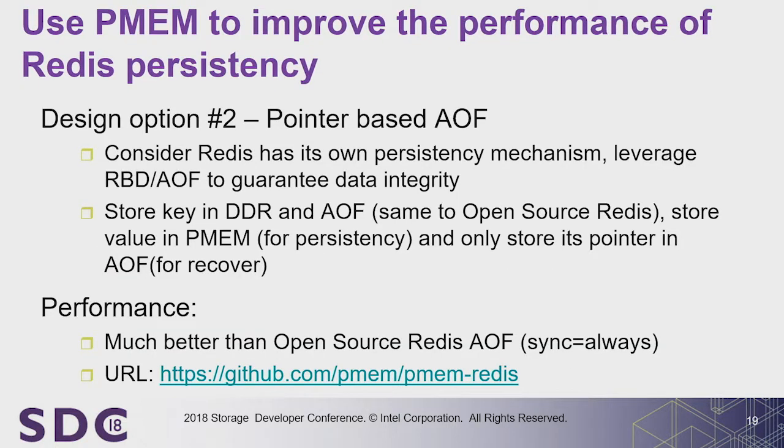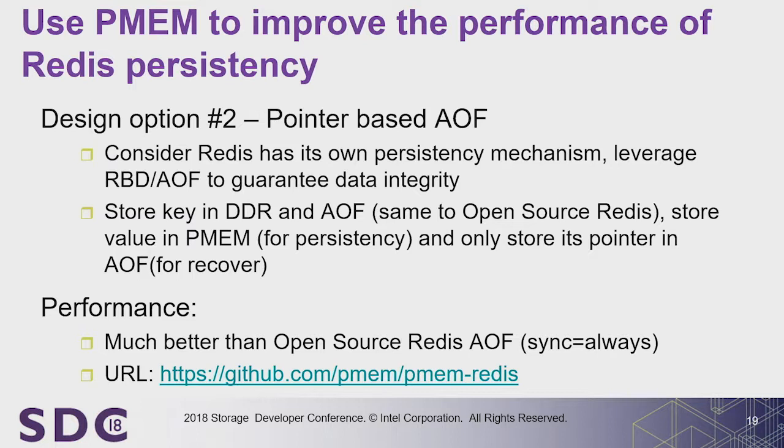But when we look at how to improve that performance, right? By the way, the performance of the previous one is not that good from our perspective yet. We can improve it. So we introduced a concept called pointer-based AOF, right? Redis has its own persistency mechanism. How do we leverage that workload, which can keep data persistent itself? Simply put, we store the keys in the DDR and the AOF as well, right?